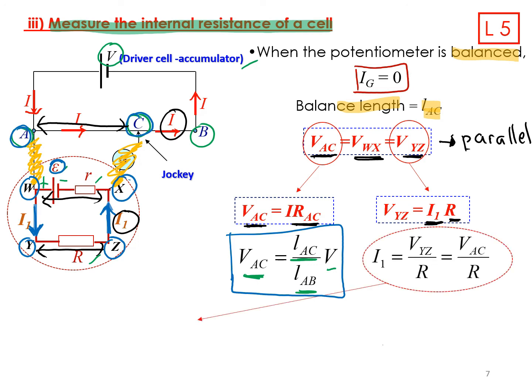To find the current I1, just rearrange this equation. So you can get I1 equals VYZ over R. And we know that VYZ is equal to VAC, this one.